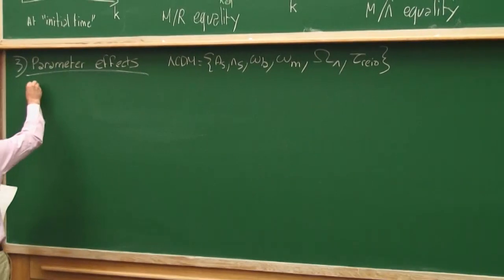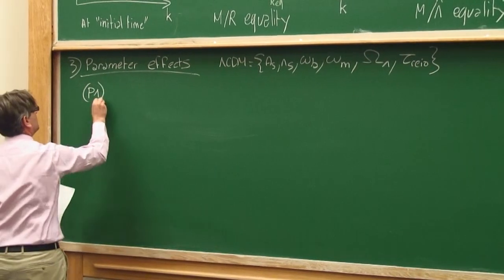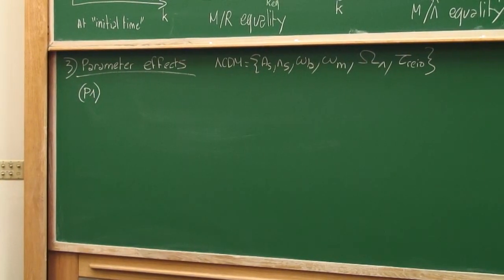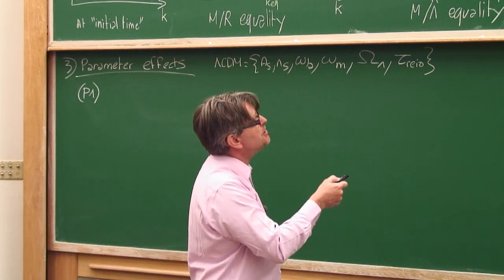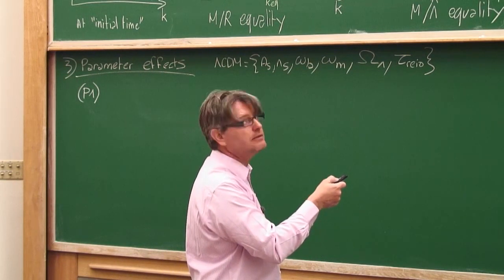The shape of the matter power spectrum is controlled by 4 quantities. The first one is a quantity giving the maximum here. So the position of the maximum depends on what?